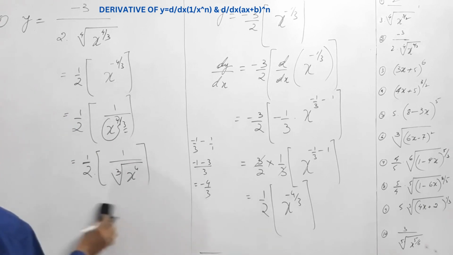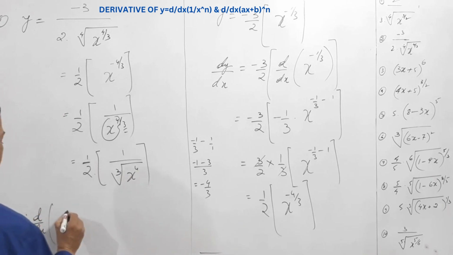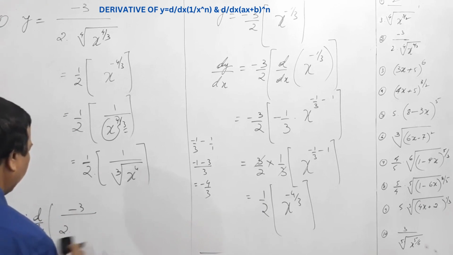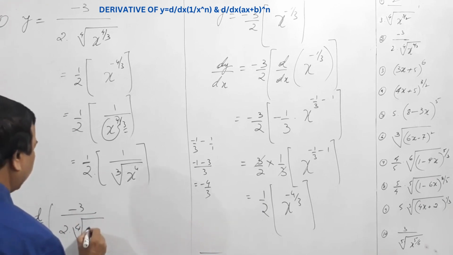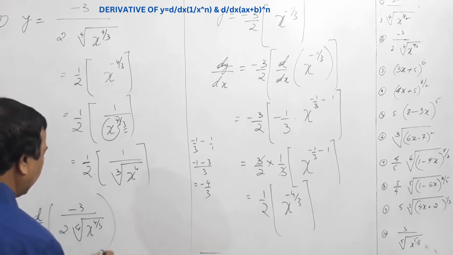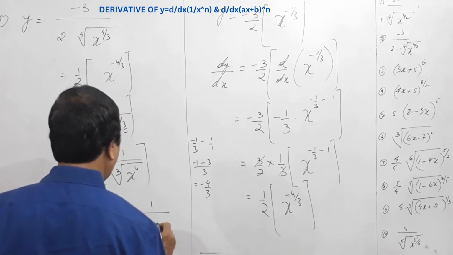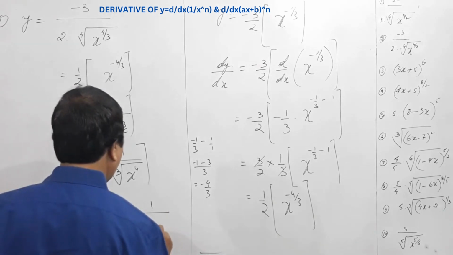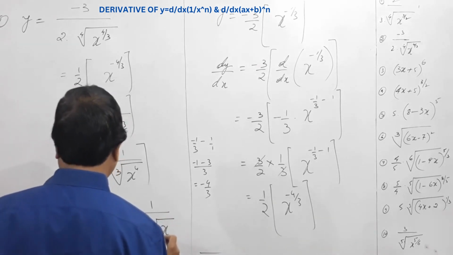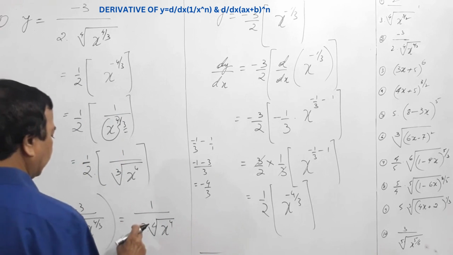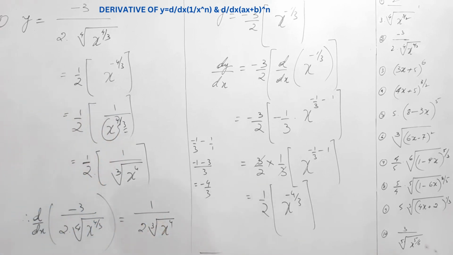Lastly, therefore d by dx of minus 3 by 2 into x to the power of minus 1 by 3 equals 1 by 2 into the cube root of x to the power of 4. This is the required answer.